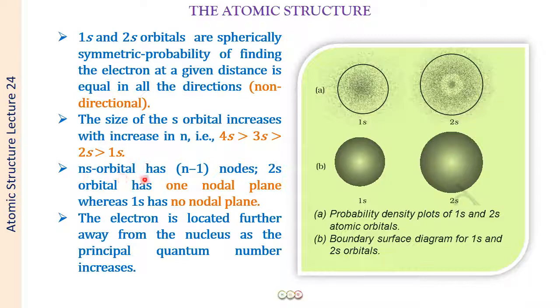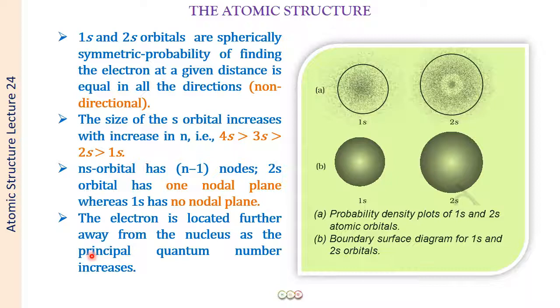The ns orbitals are going to have n minus 1 nodes. This means that the 2s orbital has one nodal plane, whereas the 1s has no nodal plane, right? And the electron is located further away from the nucleus as the principal quantum number increases.